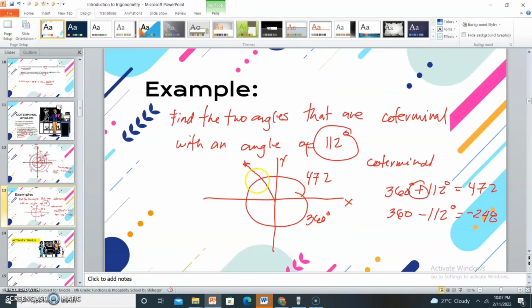So 90 degrees, 180, since it is negative it starts at the bottom, 90, 90, so it is here. That is negative 248. So the coterminals are 472 degrees and negative 248.